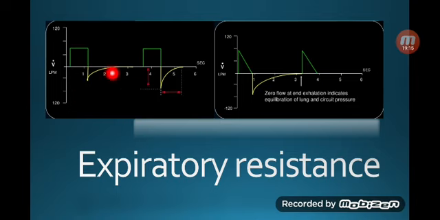Why is that important? Because if the next breath comes in before the previous breath goes all out, then you're gonna cause a problem. What kind of problem? Well, that problem is what we call autopeep, because you're keeping some air in the lung and adding to it.